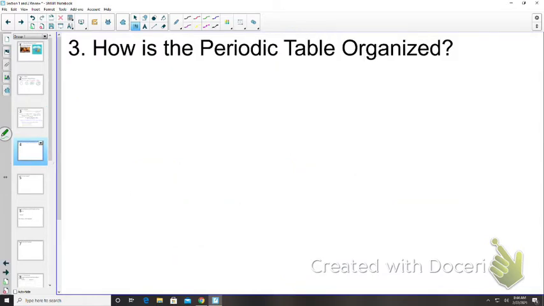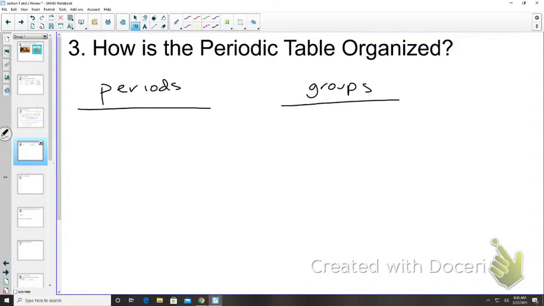So, question 3. How is the periodic table organized? Periods and groups. Excellent. So remember, periods go horizontally.